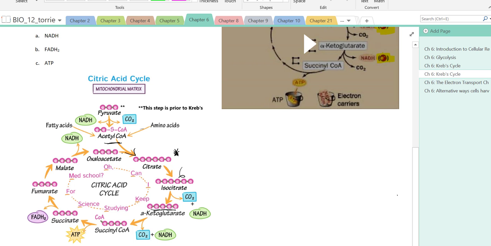Again, we're not going to need to know all of these names, but the important things to pick up on are that we get more CO2 produced and we're getting more of these NADH molecules and this FADH. So a whole bunch of reactions.